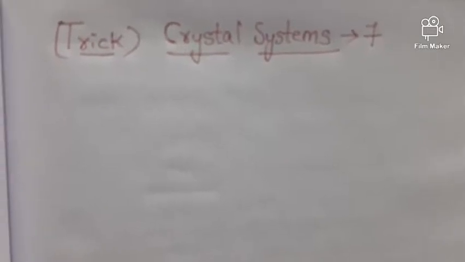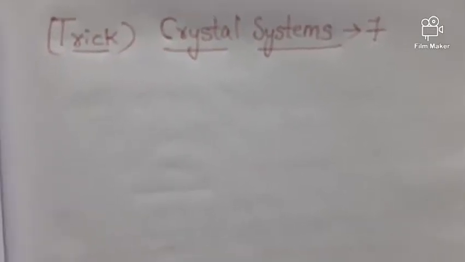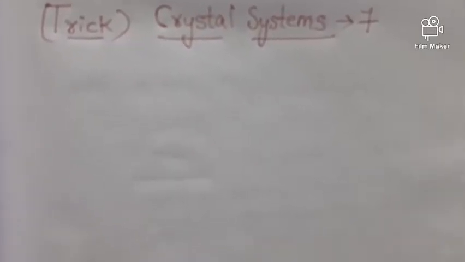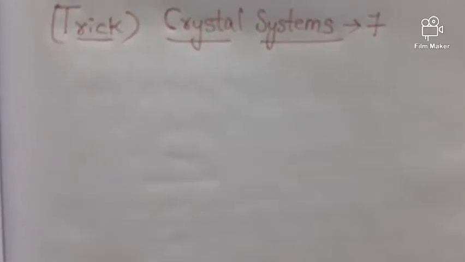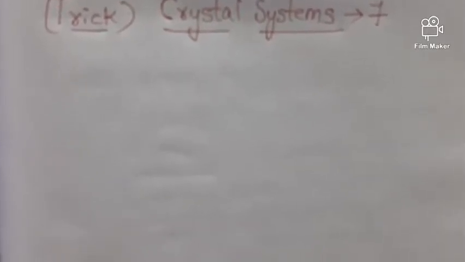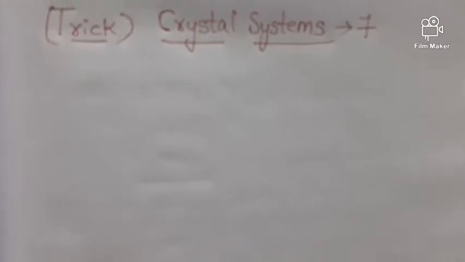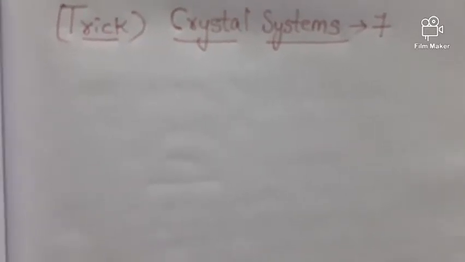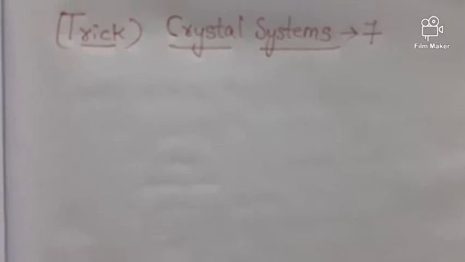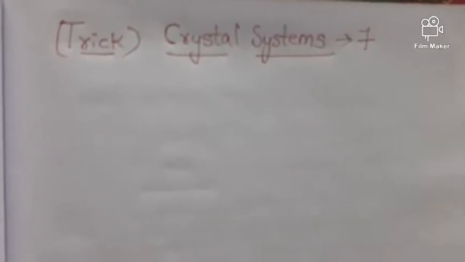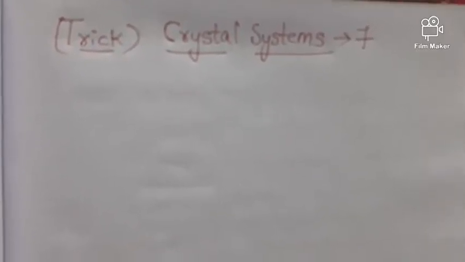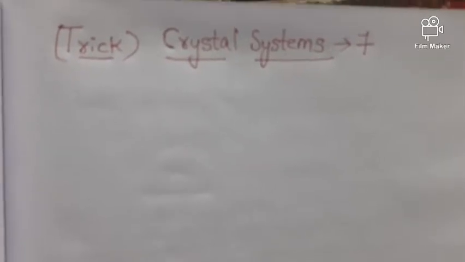Now I am going to give the trick to remember the crystal systems, their axial distances and axial angles. Before telling the names of the crystal systems, I want to give you the trick to remember them.